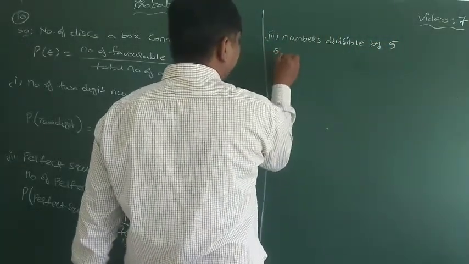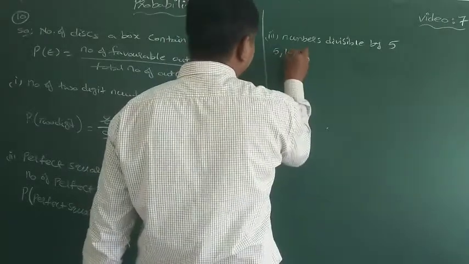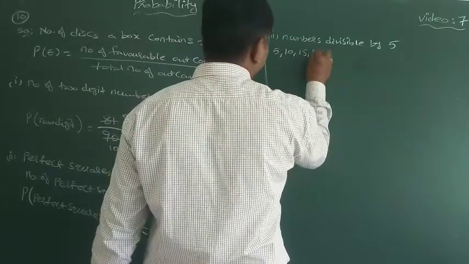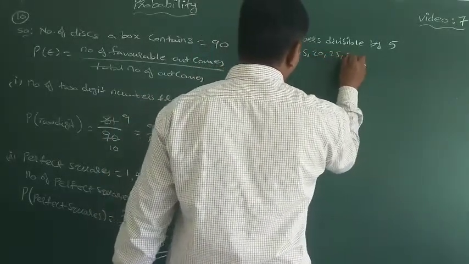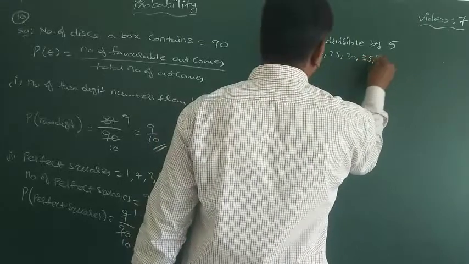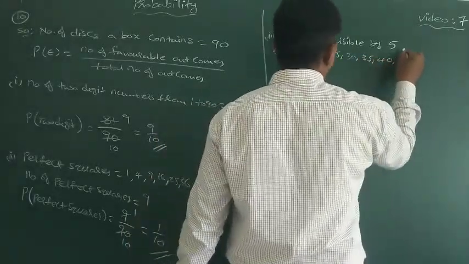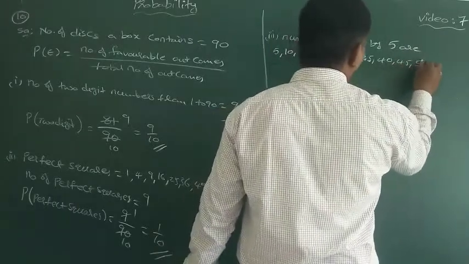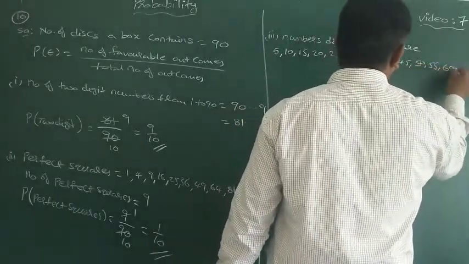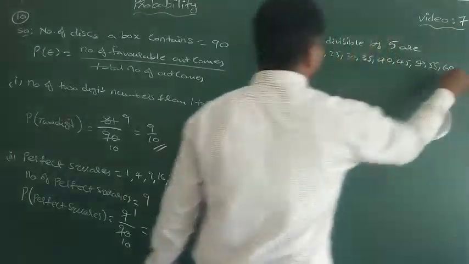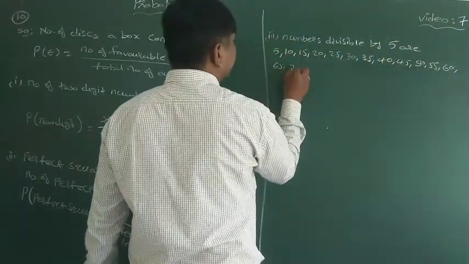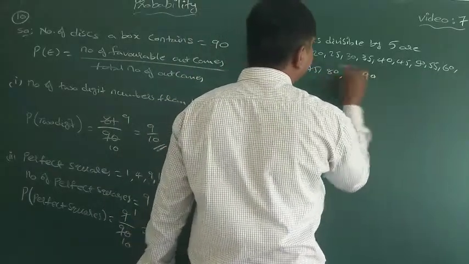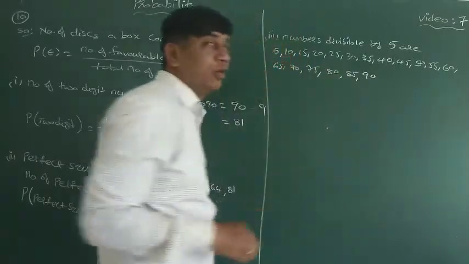All 5 table: 5, 5 2s are 10, 15, 20, 25, 30, 35, 40, 45, 50, 55, 60, 65, 70, 75, 80, 85, 90 also divisible, because 90 is also included.